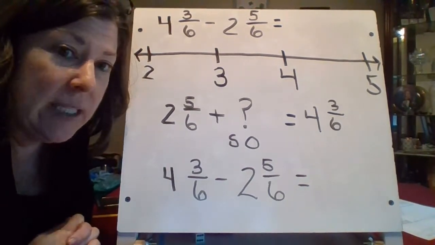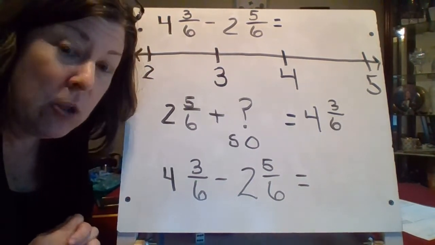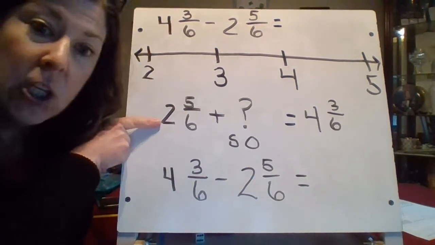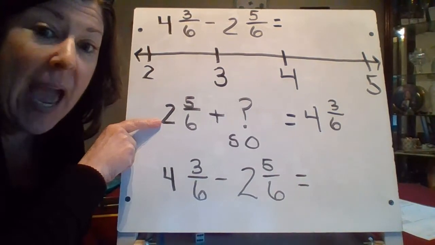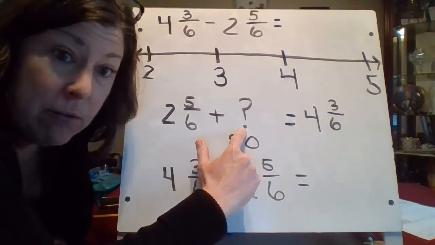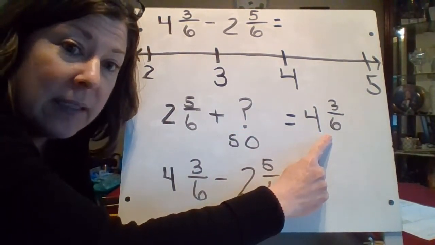So the first strategy I'm going to give you is called counting up. So I'm actually going to start at the 2 and 5/6 that I want to take away and count up, I don't know how far yet, to get to that 4 and 3/6.